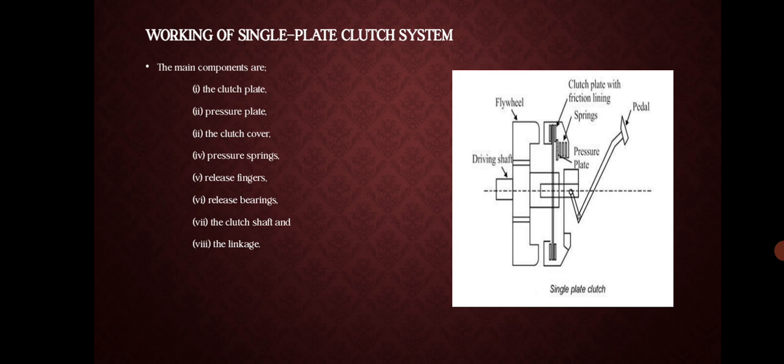As the fingers are fulcrumed at a point in their length to the clutch cover, and the other end is connected to the pressure plate, as soon as the free ends are pressed inside by the release bearing, the outer end tends to bring the pressure plate away from the clutch plate against pressure springs, making the clutch plate and hence the clutch shaft disengage. The pressure plate and cover remain rotating along with the flywheel.